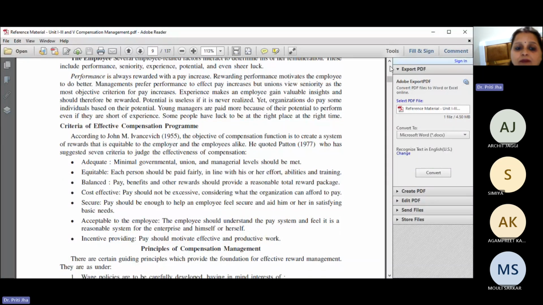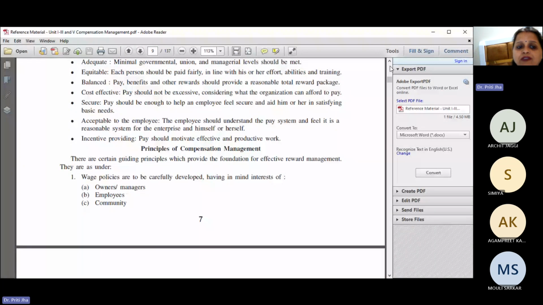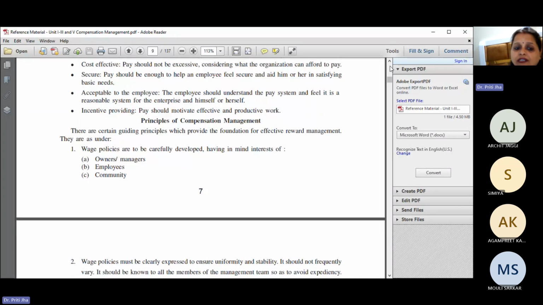Now come to the next topic, that is principles of compensation management. There are various principles which provide the foundation for effective reward management. These principles are as under. One is wage policies are to be carefully developed, having in mind interests of owner or managers, employees, community.